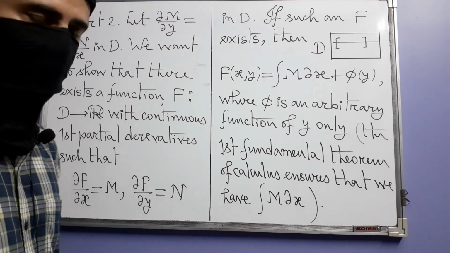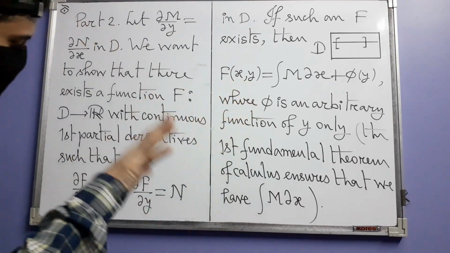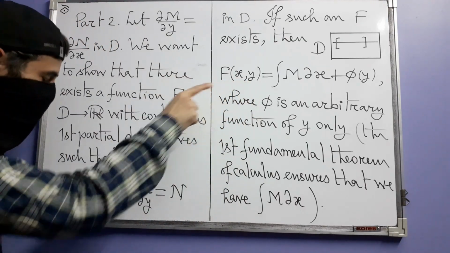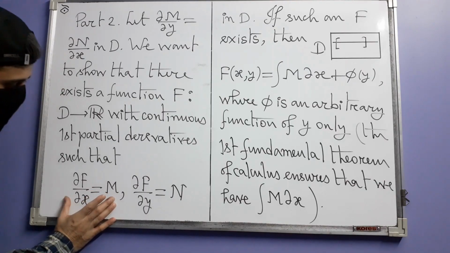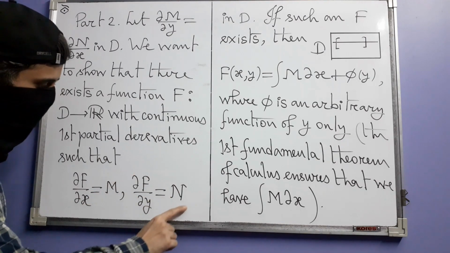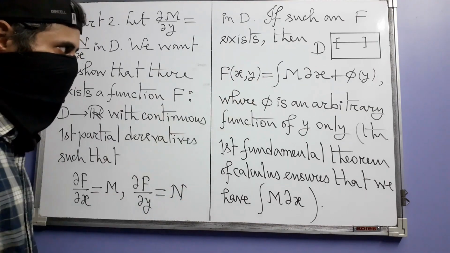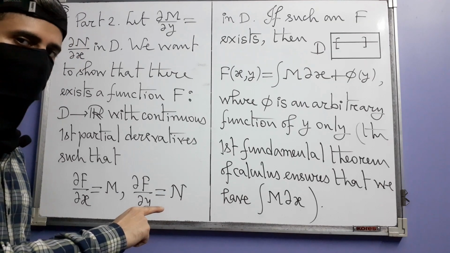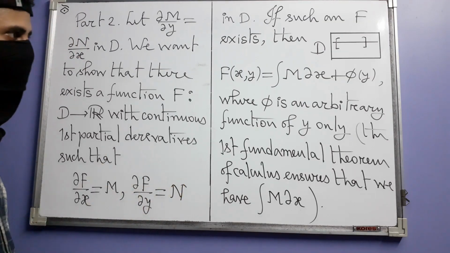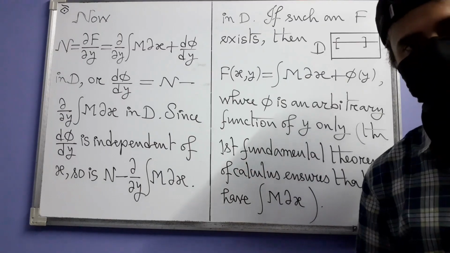Now let's see where we can go with this. You obviously understand that this thing has come from this one only. Now we have to somehow involve this one. So we would differentiate both sides with respect to y, and that's what we are going to do. Okay, so we do that.